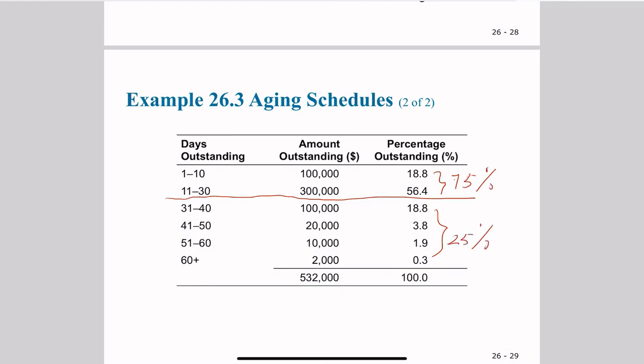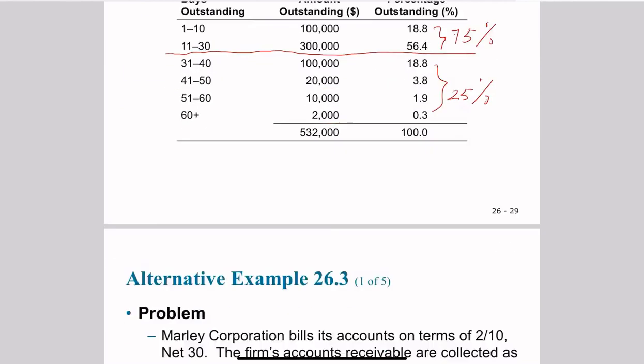So 25% of the total amount is actually late, right? So maybe you should look into these customers and call them, ask them why they're late, and when you can receive your payment, right? Okay.